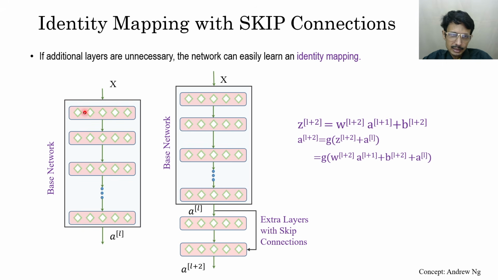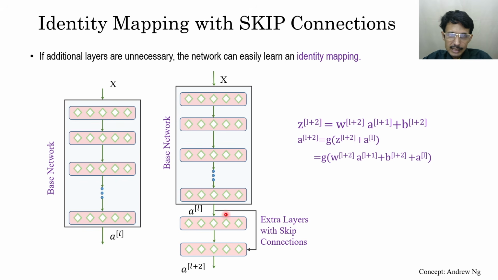Let there be a base network. X is the input, A of L is the output. Now here are two additional network layers. These extra layers with skip connection are actually what is done in the case of ResNet.